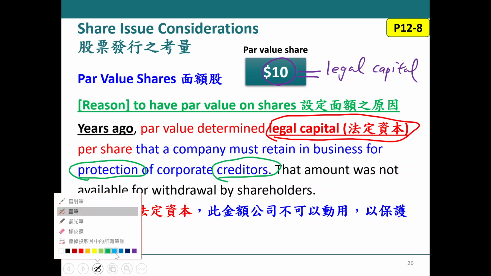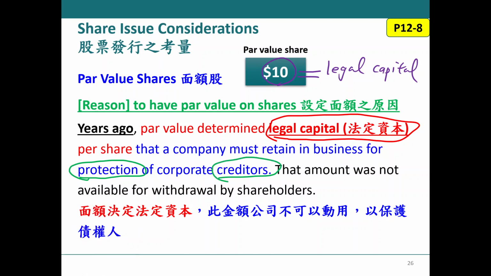So what does legal capital mean? Legal capital means your company has to retain it in the company. Legal capital means your company must retain it in business. Your company cannot use it no matter what, in order to protect creditors.